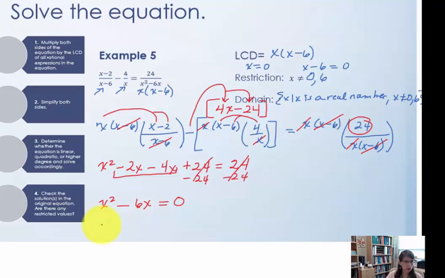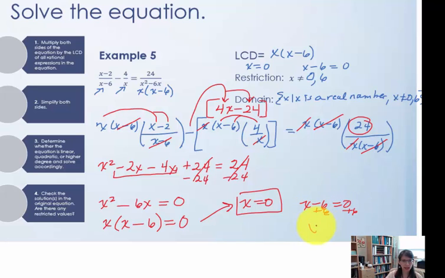I can see x is the common factor, leaving x minus 6, set equal to 0. Take each factor now and set it equal to 0. So when I solve, this is already solved. And x minus 6 means I'm adding 6 to both sides of the equation to get x equals positive 6.